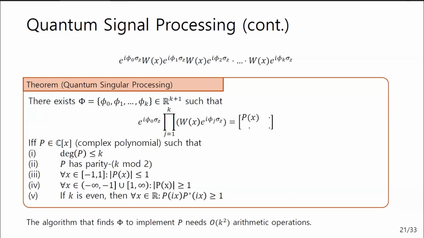So this quantum signal processing theorem says that you can build a polynomial P(x) by alternately applying the rotation Z gate and Wx. And the algorithm that finds phi to implement P needs O(k squared) arithmetic operations.